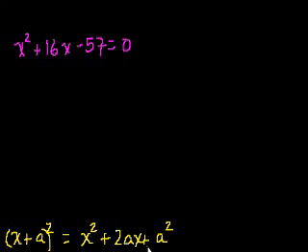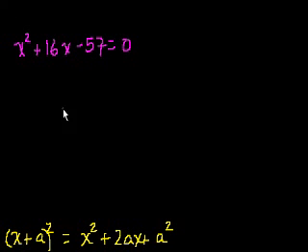So if you ever see something in this form, you know that it's x plus something squared. So wouldn't it be neat if we could manipulate this equation so we can write it as x plus a squared equals something, and then we could just take the square root? And what we're going to do is actually do just that, and that is completing the square.